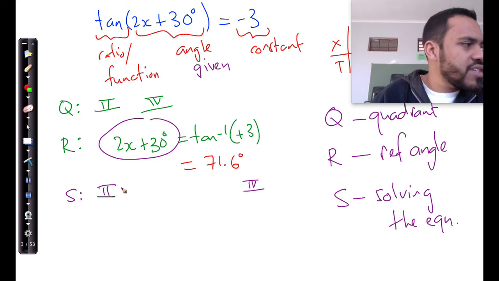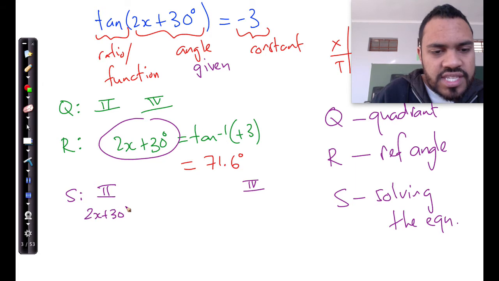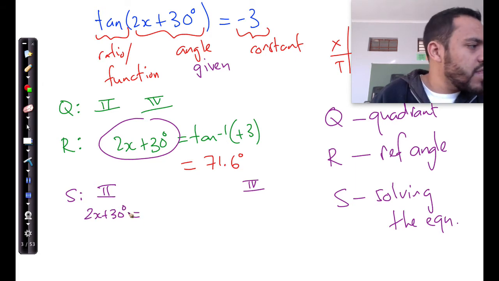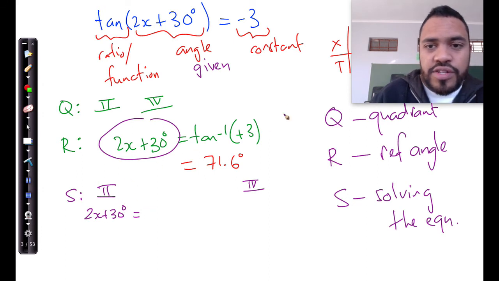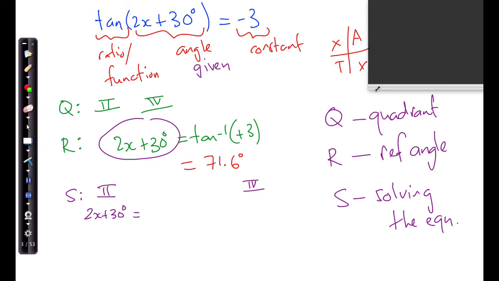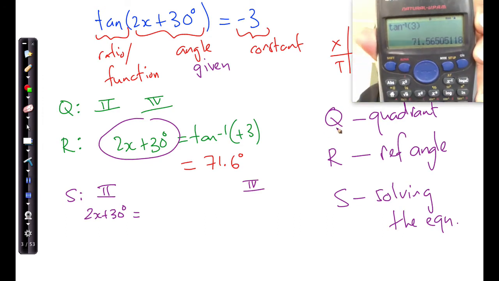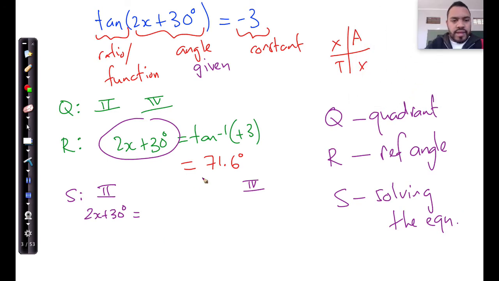So for the second quadrant, we take the given angle and make it equivalent: 2x plus 30 degrees is equal to the reduction formula for that quadrant. In the second quadrant, it's 180 minus theta, where theta is the reference angle.